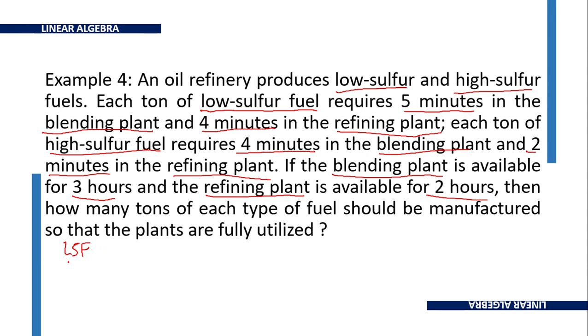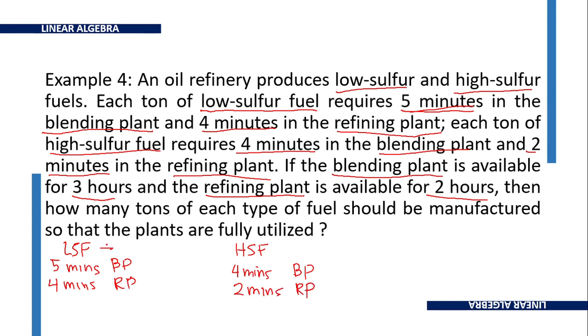Di ba siya ay 5 minutes sa blending plant and 4 minutes sa refining plant. Then yun naman ating high sulfur fuel is 4 minutes sa blending plant and 2 minutes sa refining plant. Okay? So we can denote this low sulfur fuel as X and this high sulfur fuel as Y.